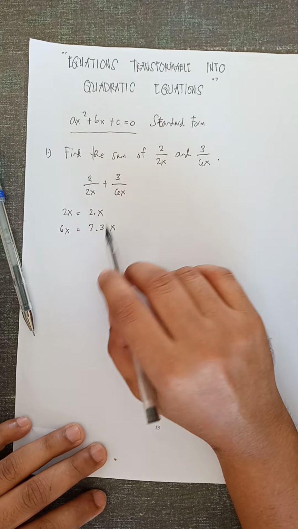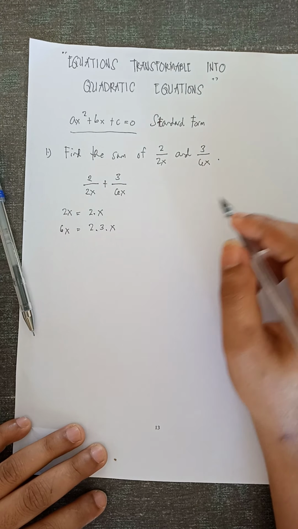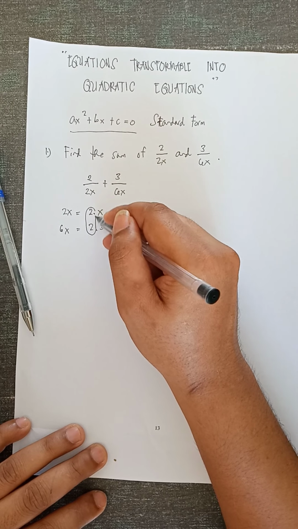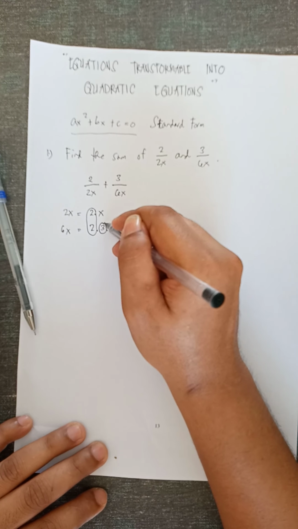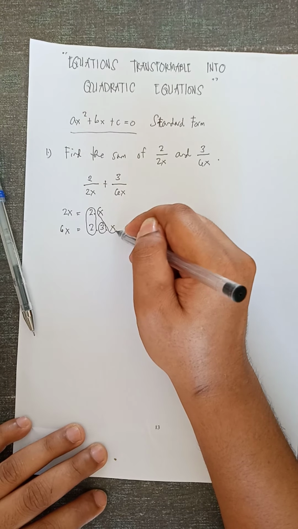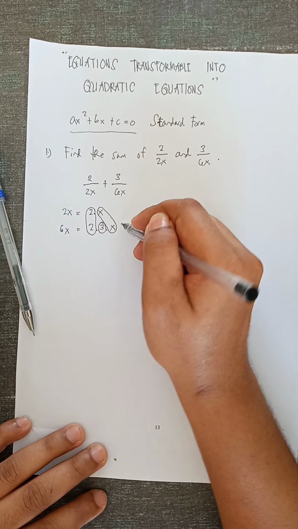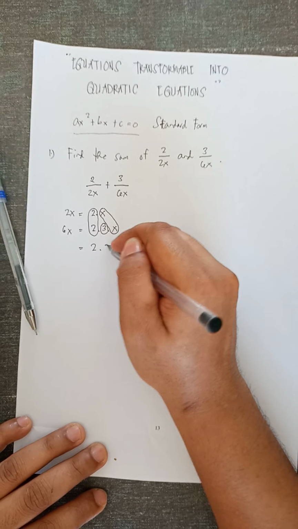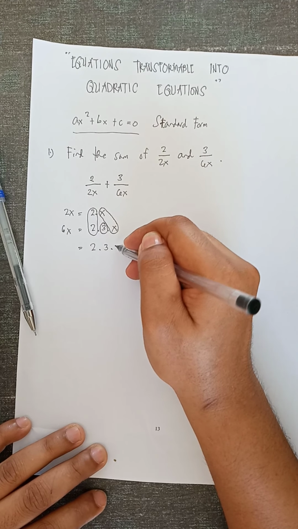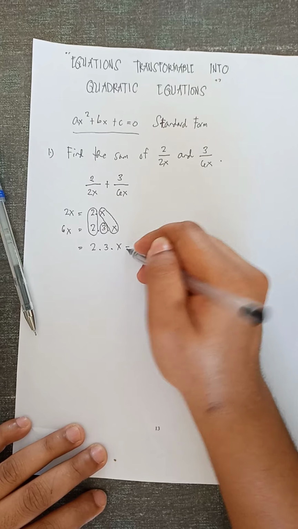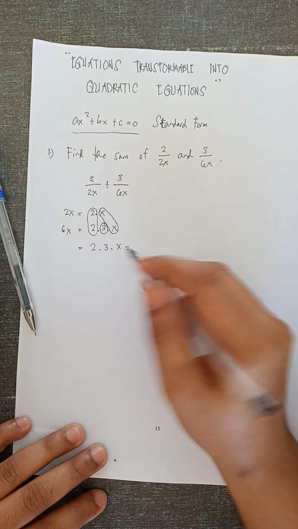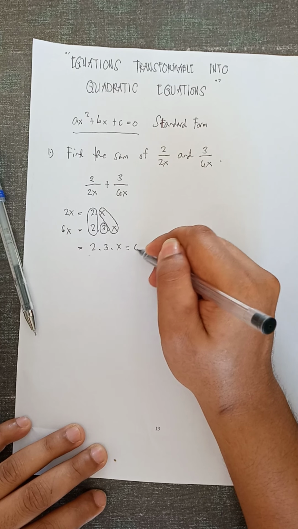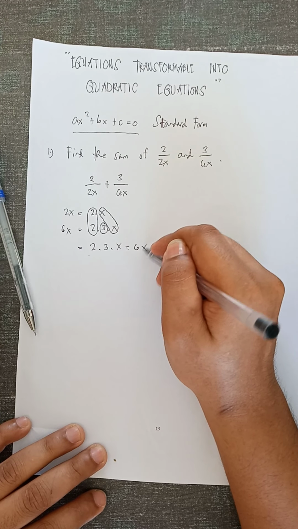These are the factors of 6x. So what is common to them? The 2, the 3, as well as the x. So we're going to have 2 times 3 times x, and we multiply them. So our LCD is equal to 6x.